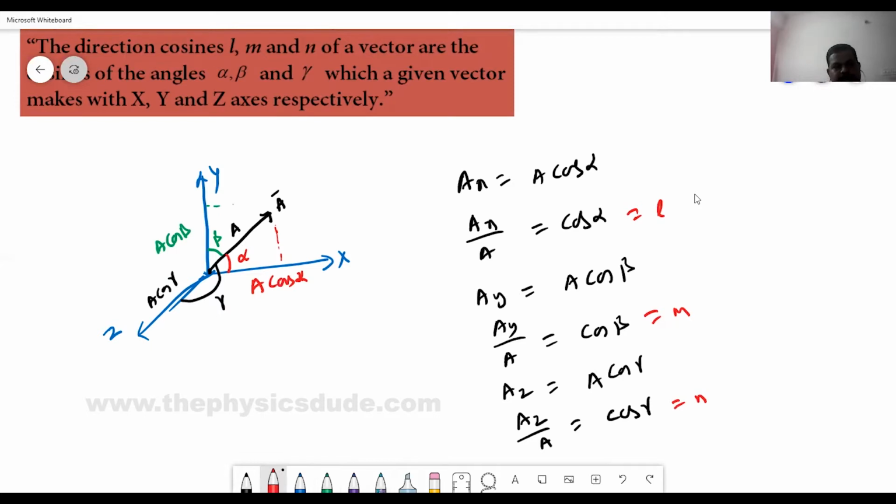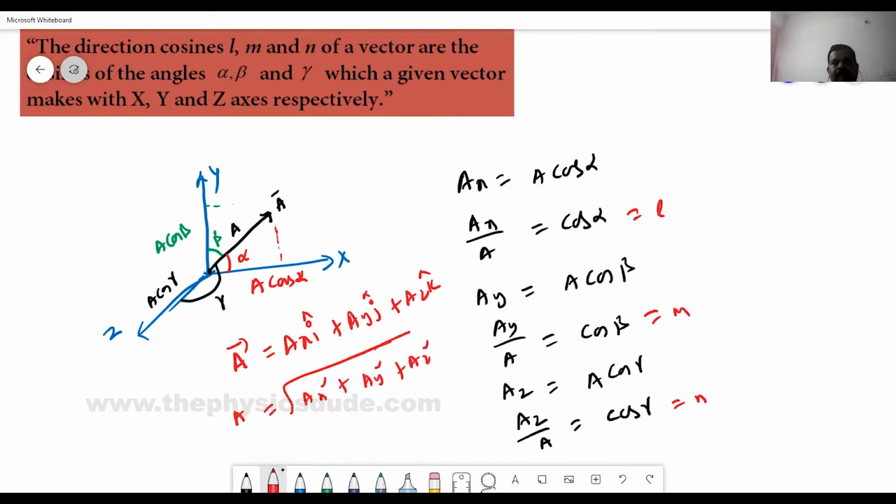So here a bar is actually ax i cap plus ay j cap plus az k cap. This is the vector a bar. So what is the magnitude of a? Square root of ax square plus ay square plus az square.